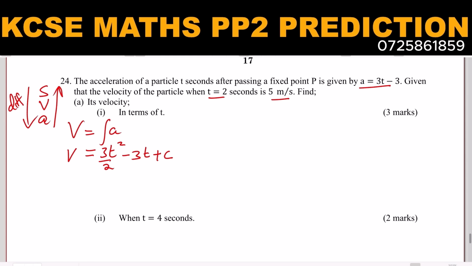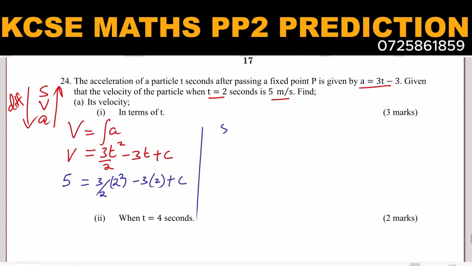Now, how do you get this constant? You're given that when t is equal to 2, velocity v is 5. So substitute here: v is equal to 5 when t is equal to 2 seconds. So 3 over 2, then t is equal to 2, so that will be 2 squared minus 3 times 2 plus c.